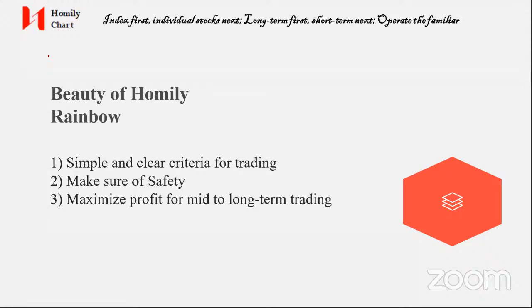What is the criteria? Just check the yellow lines, right? If you want to count the 5 waves of the wave theory, sometimes you don't know where to begin and where the wave ends. But for the rainbow, you can just check the yellow line. You have simple, clear criteria. This is the first beauty of the Homely rainbow, the 5-horse chart.